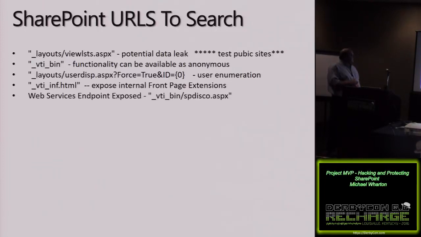This is a big potential leak for data, because once you get in there, you're on their site. You can search for VTI bin. Again, if you're seeing this, then it's indicating this is an anonymous site and you don't need any credentials for logging in.